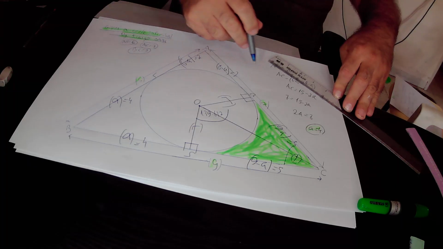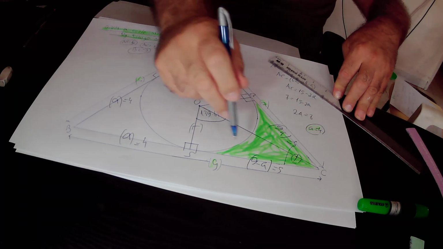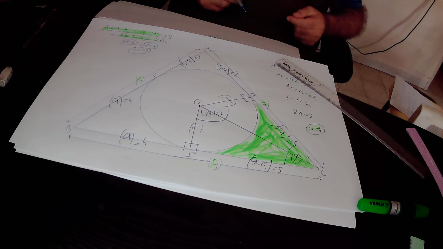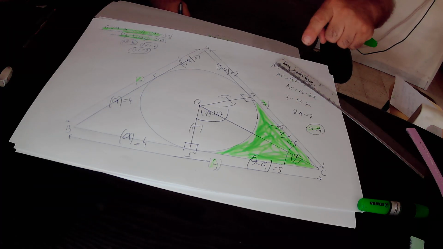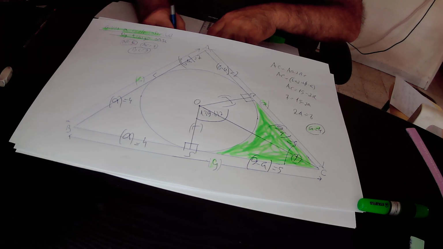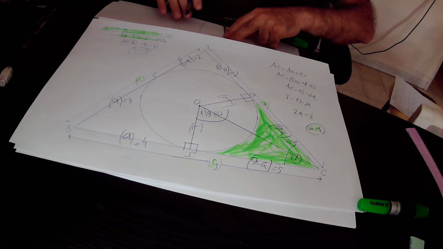This is the right triangle OQC and this is the right triangle OSC. Our task is to find the area of this green shape. So what is the area of the green shape?